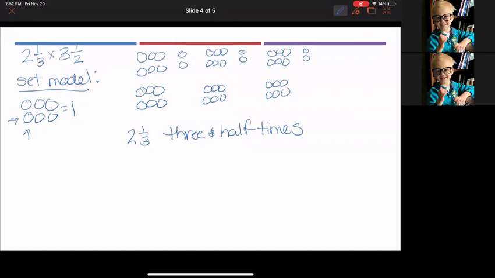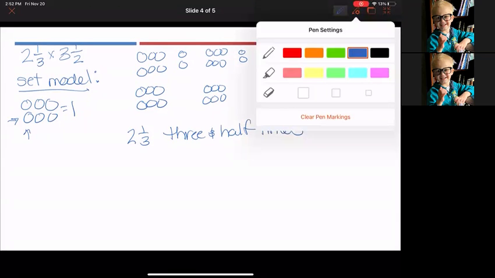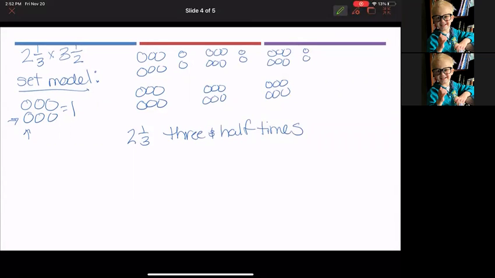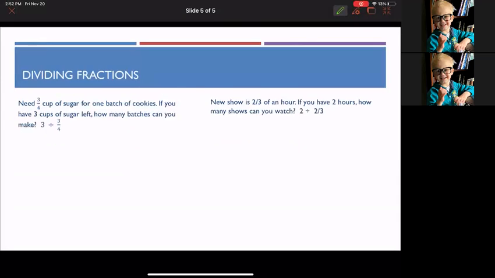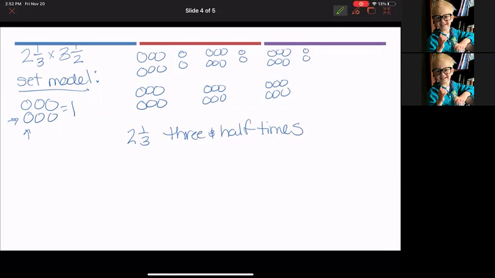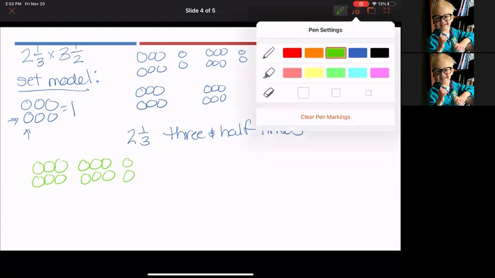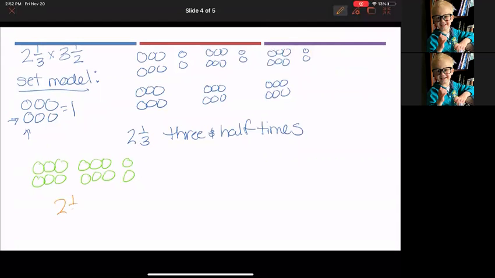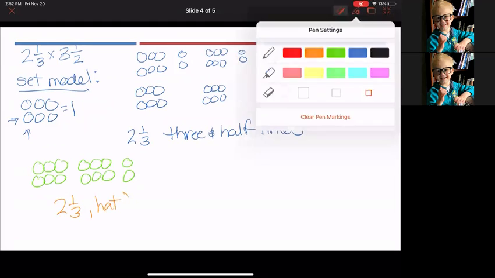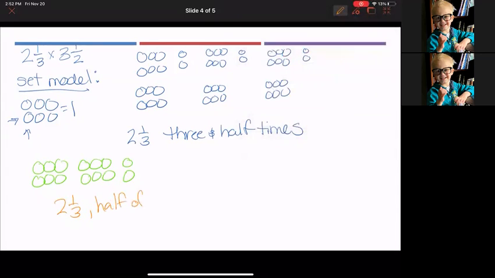So we can take this, and I'll do this in another color. We can take this 2 1/3 and cut it in half. So maybe I'll do that down here. 1, 2, 3, 4, 5, 6. 1, 2, 3, 4, 5, 6. So this is 2 1/3, and now we want half of it.